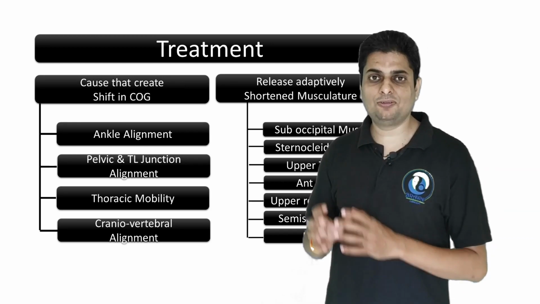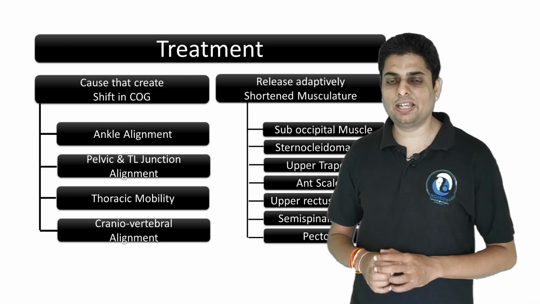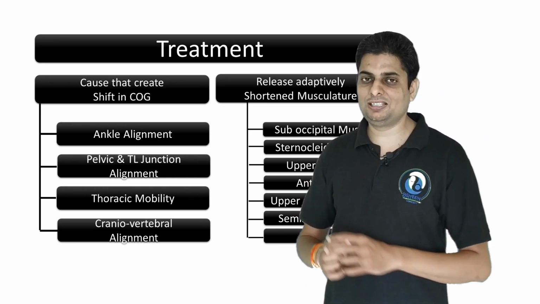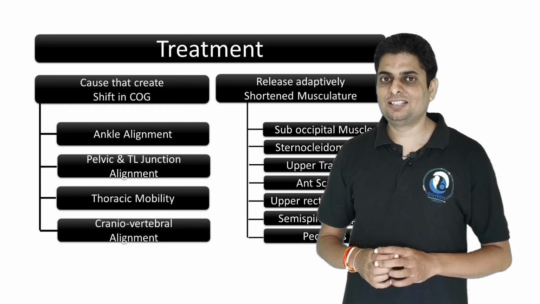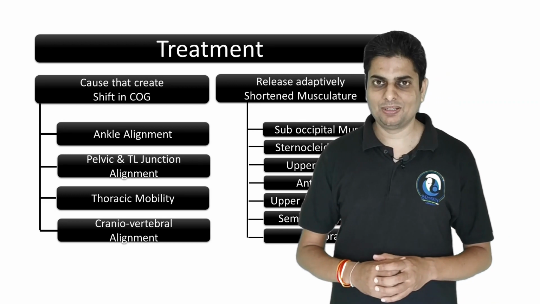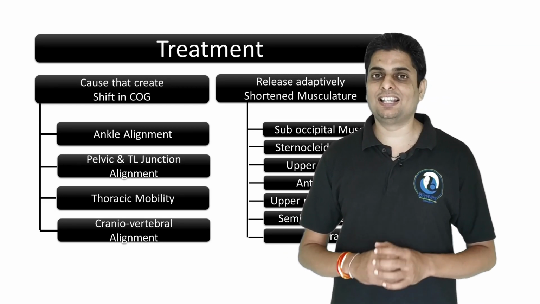First is alignment for the ankle, second is alignment for the pelvis and thoracolumbar junction, third is thoracic mobility, and finally craniovertebral CV junction alignment. In today's video we are going to discuss ankle alignment.